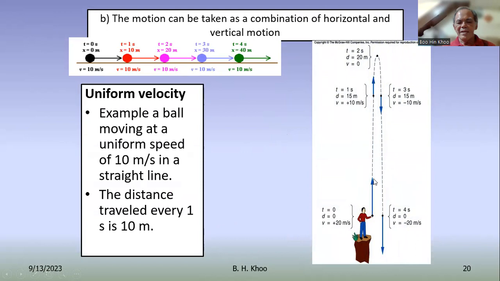Remember, there is the velocity vector. Acceleration is downwards, so the velocity will decrease. At height 15 meters it will be 10 meters per second. Then at maximum height, which is about 20 meters, velocity is 0 at 2 seconds. You can calculate that out. Then after that, it's dropping down.